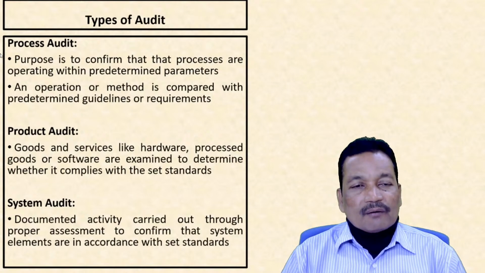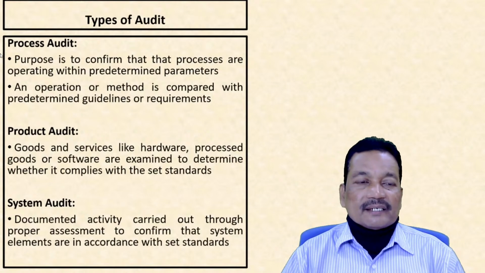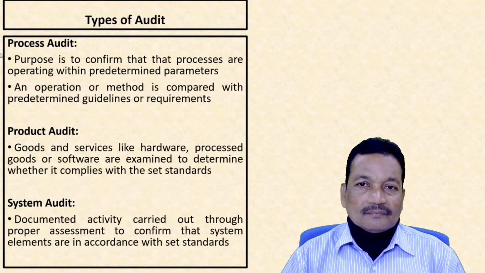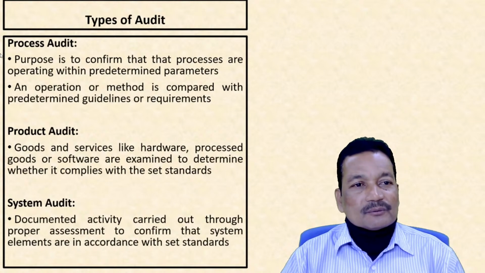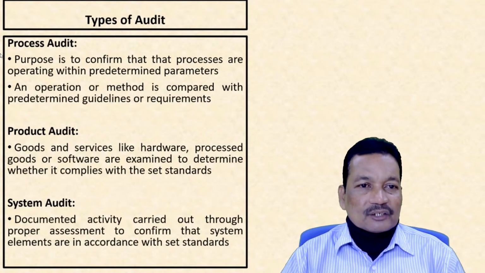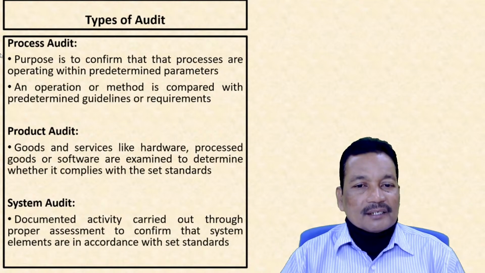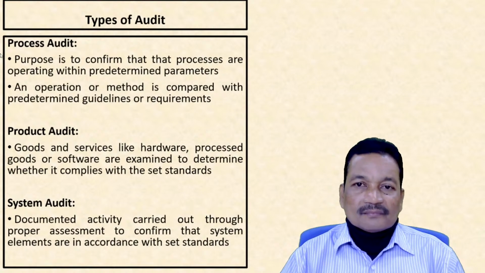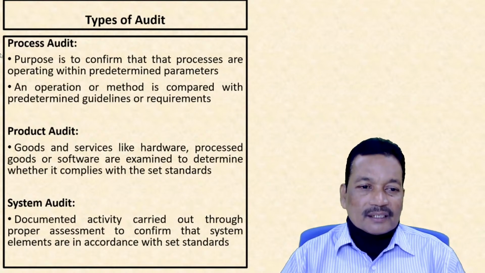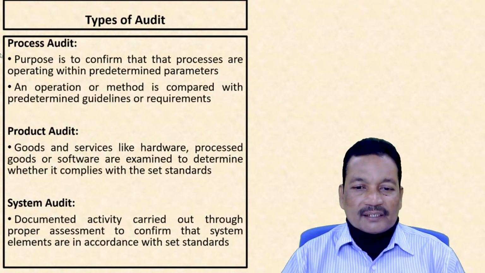Now, when we are talking of types of audit, what are the various audits we see? One is process audit, another one is product audit, the last one is system audit.